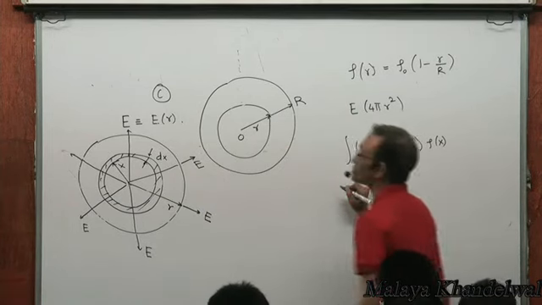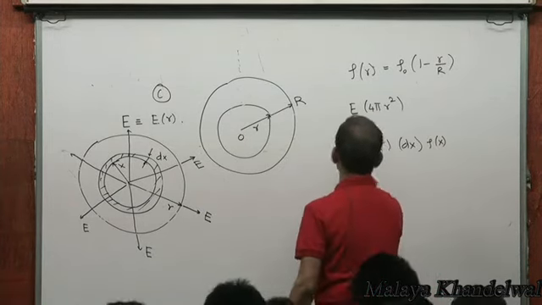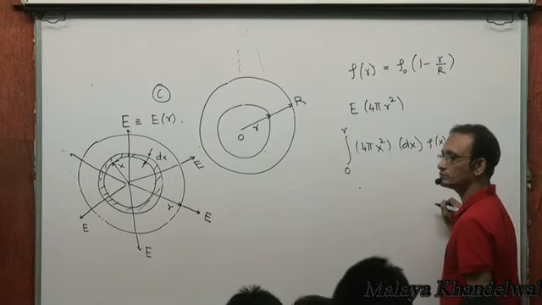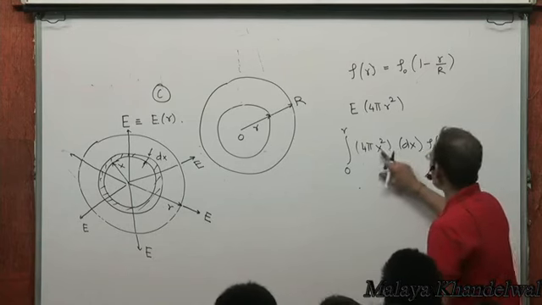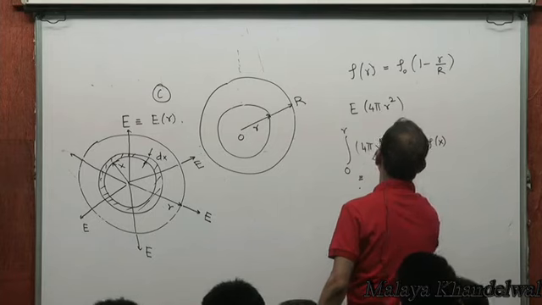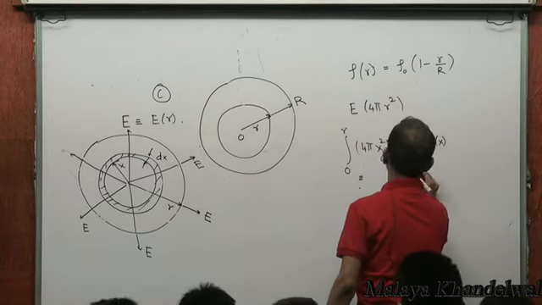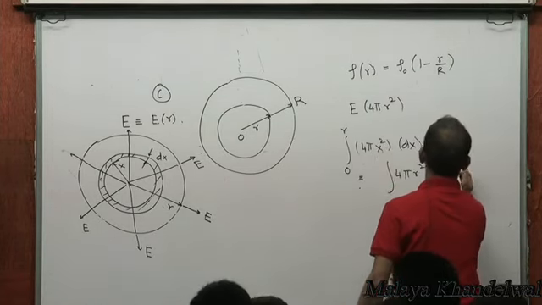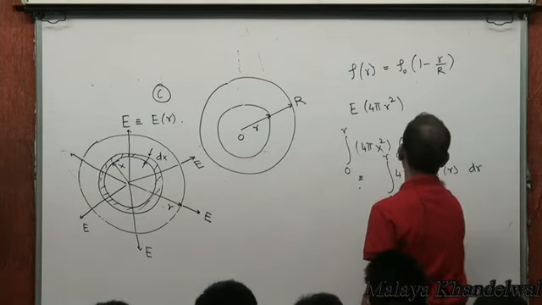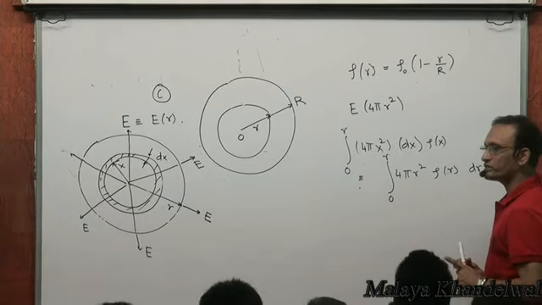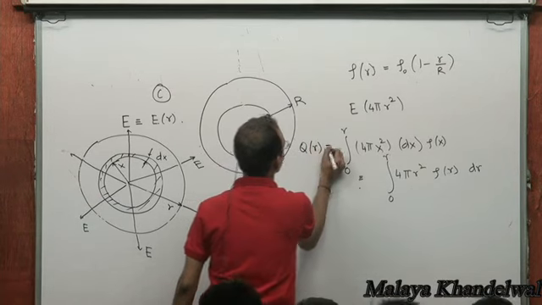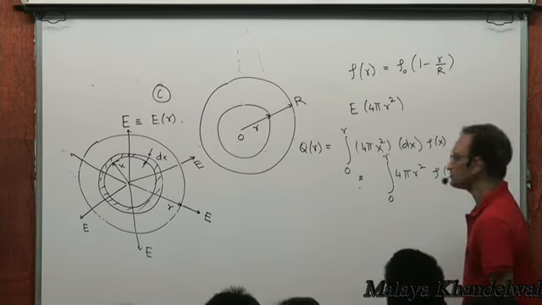The total charge is going to be the sum of all of this, where x runs from 0 to small r. And now whether x or r here does not matter, right? I could have also written this as 4 pi r squared rho at r dr. That will not make any difference in the integral when you supply the limit 0 to r. That's going to be the total charge enclosed inside r.